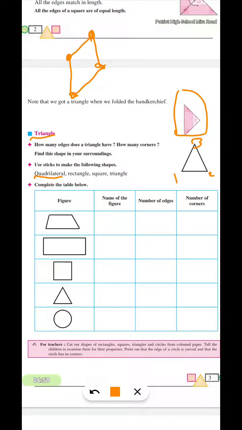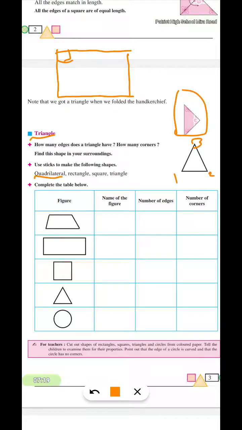For the rectangle, the shape of the rectangle, you need opposite sides to be parallel. So a rectangle, two opposite sides are parallel, this also and this also, and the angle here has to be a right angle, then you can make a rectangle.